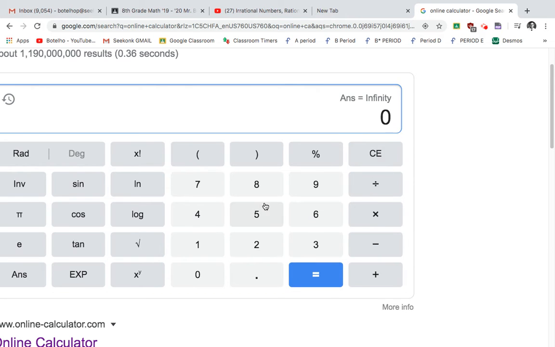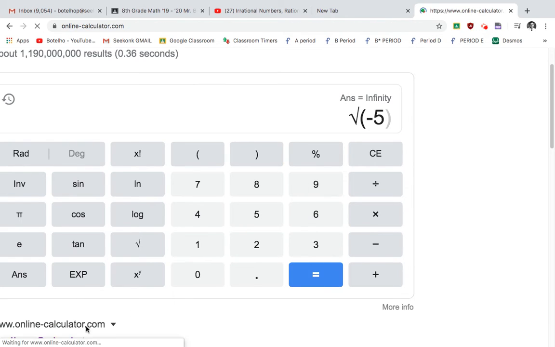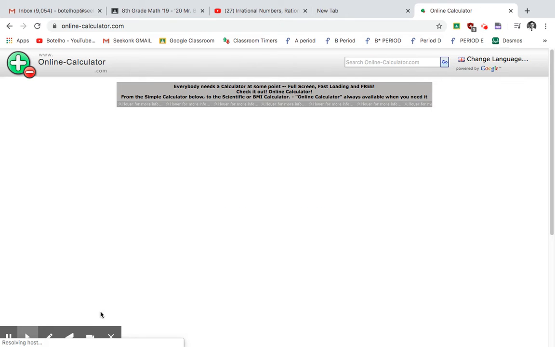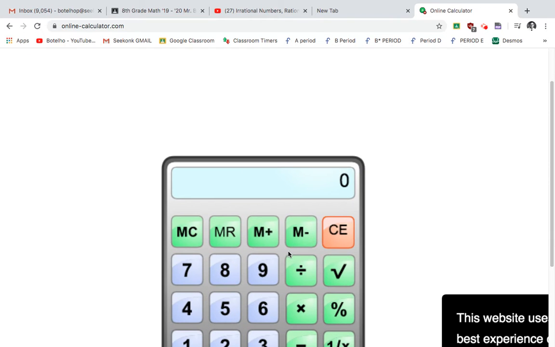I disagree. Let me try that again. There is no such thing as 8 over 0. Let's try this. Square root of a negative number, square root of negative 5. Infinity. Let me use a different online calculator. I don't like the way it was giving those answers, because it's not really infinity.